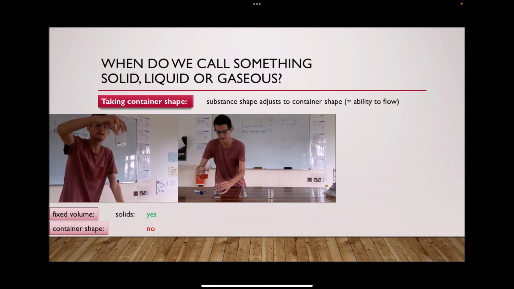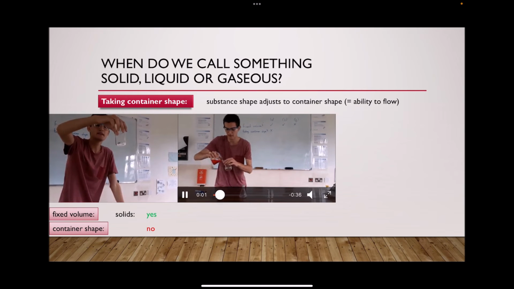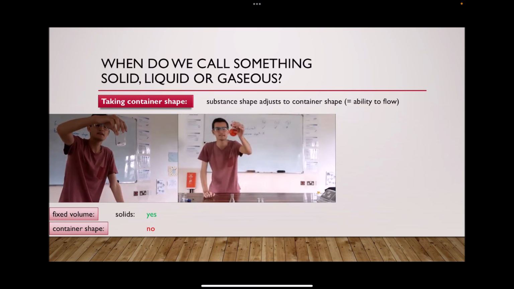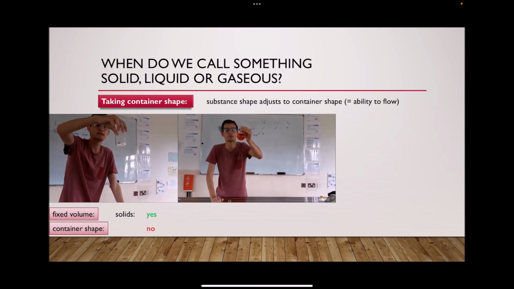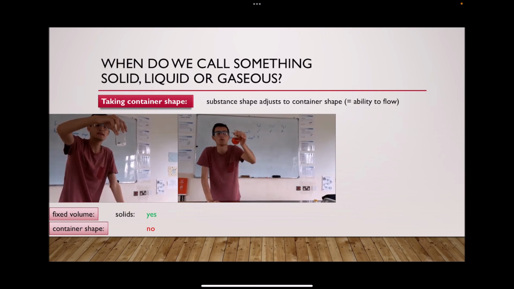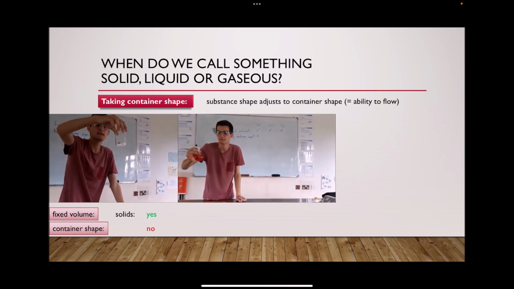What about liquids? Here I'm using colored water, the red water, and it's something you also know from your daily life experience. If you pour water from one container into the other, the water will actually take the shape of its container. It adjusts, and this is because it can flow.